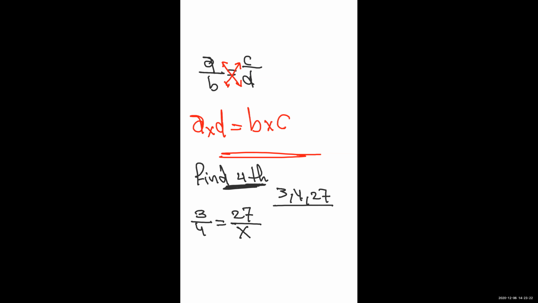As I told you, product of means equals product of extremes. Use cross multiplication so that 3x equals 4 times 27. So x equals 4 times 27 over 3, so x equals 36. The fourth proportional now is 36.